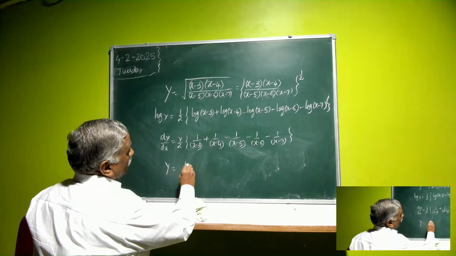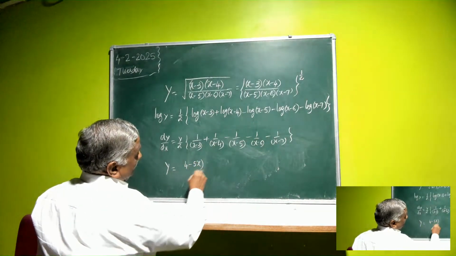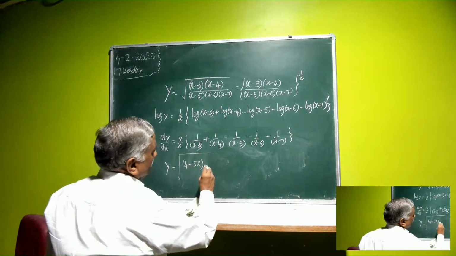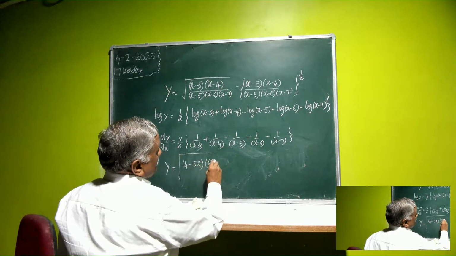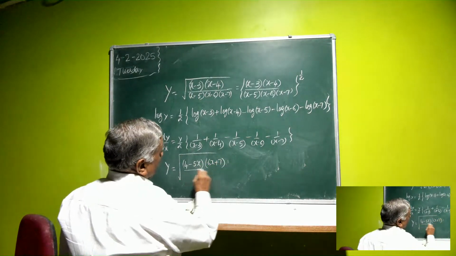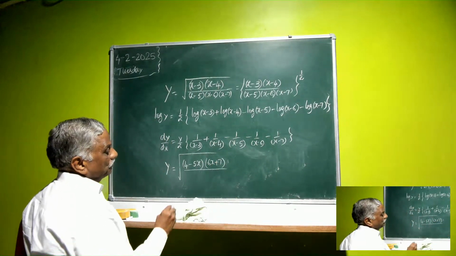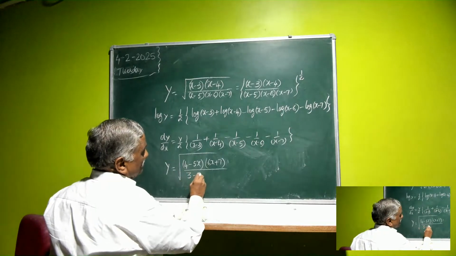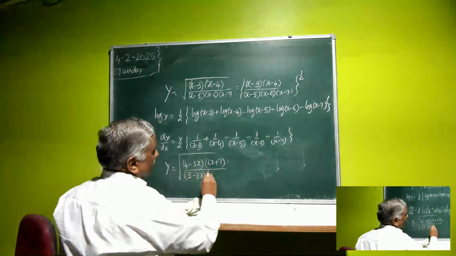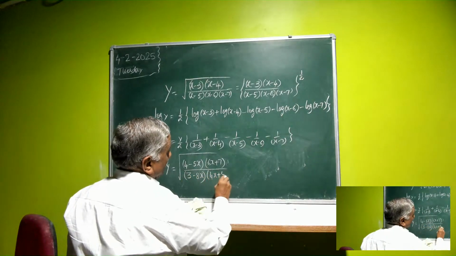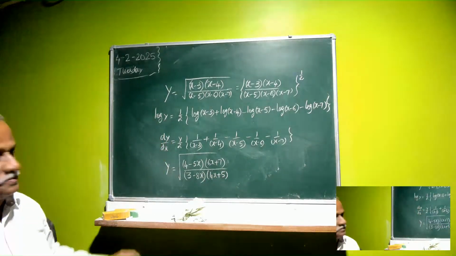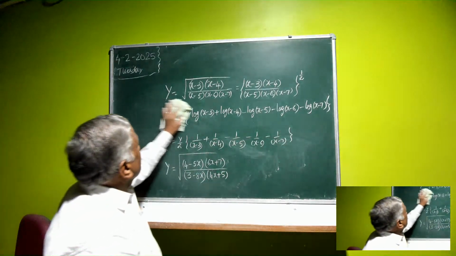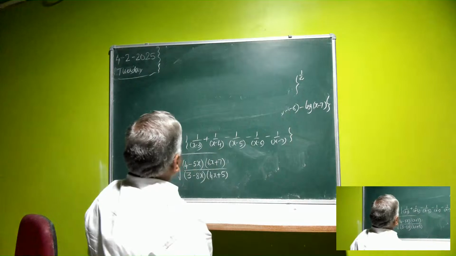Y is equal to square root of 4 minus 5x into 6x plus 7 divided by 3 minus 8x into 4x plus 5. Same procedure, we have to take log.